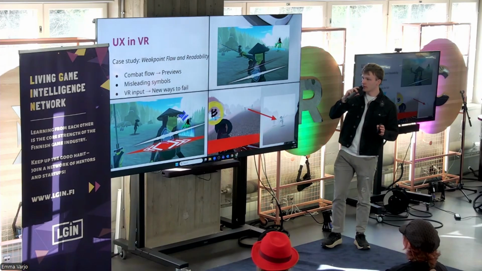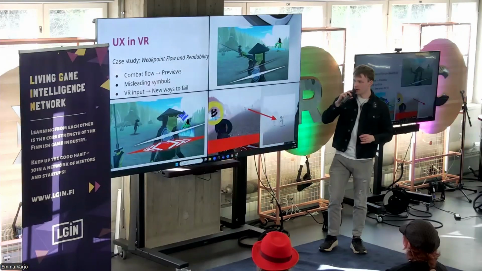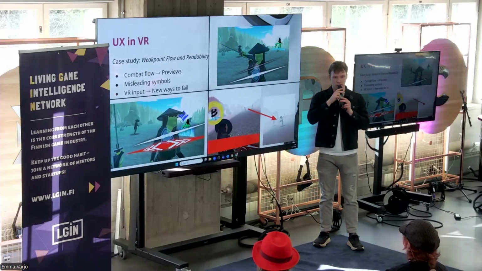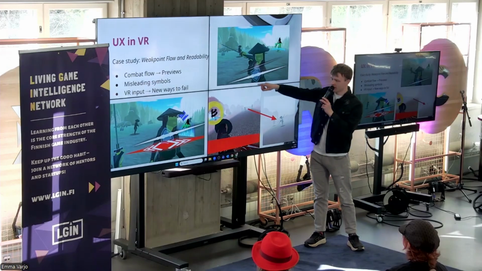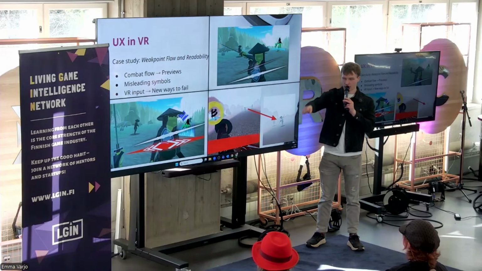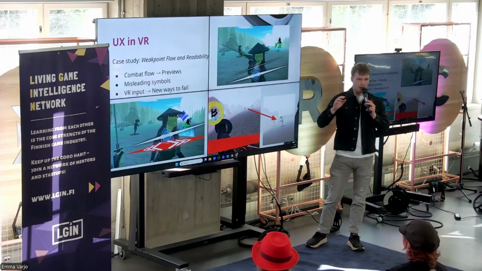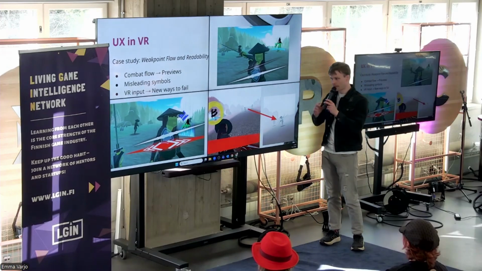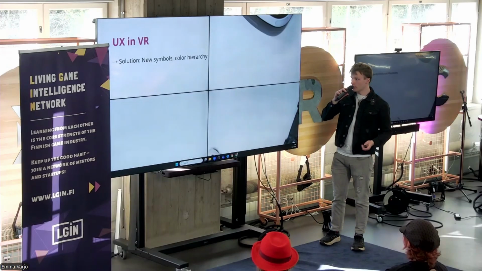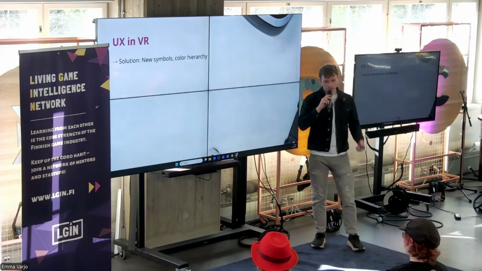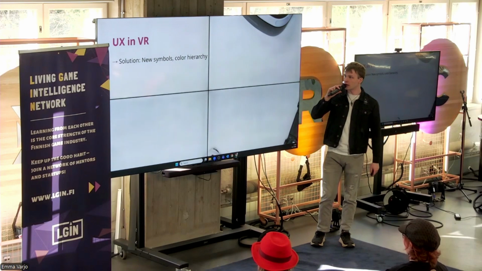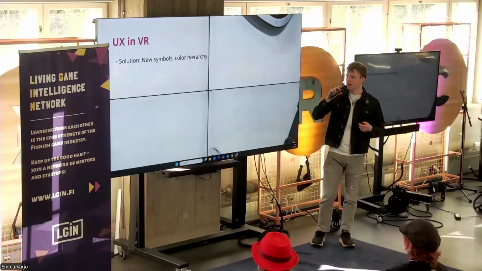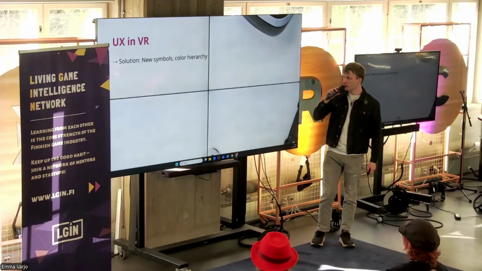We saw this curse of VR: because players can do this with their sword, they can try to match it with their actual hand position. It produced a new way to fail for the player. So what we ended up doing was a set of new symbols and a color hierarchy even clearer than before.